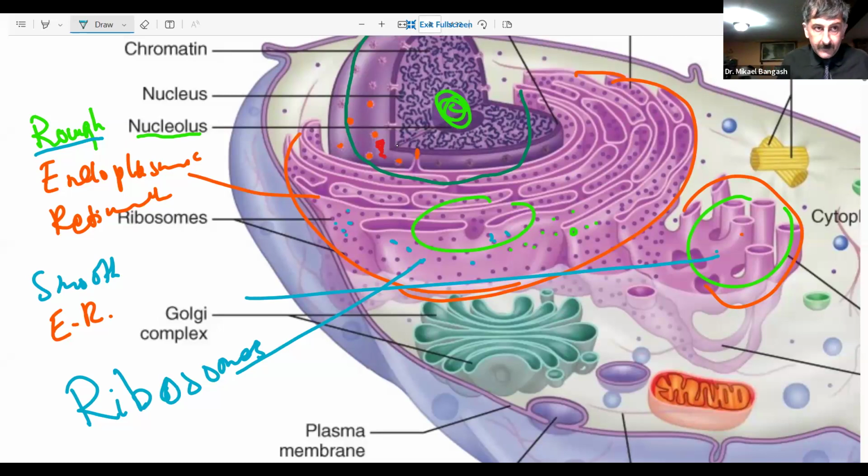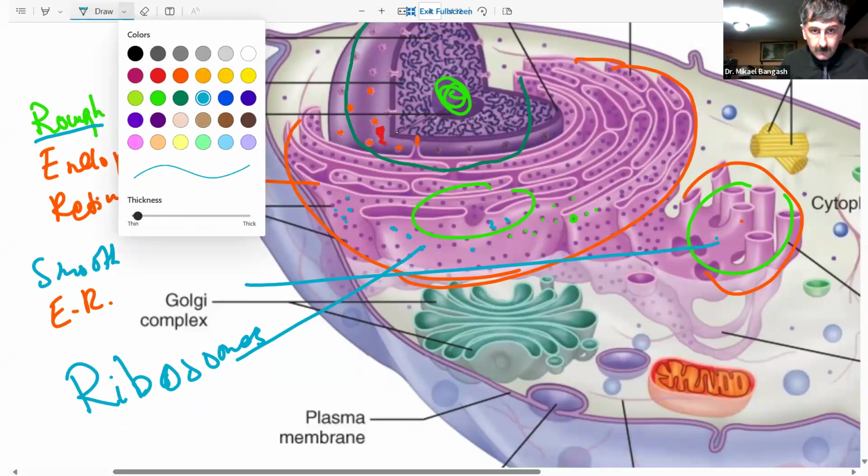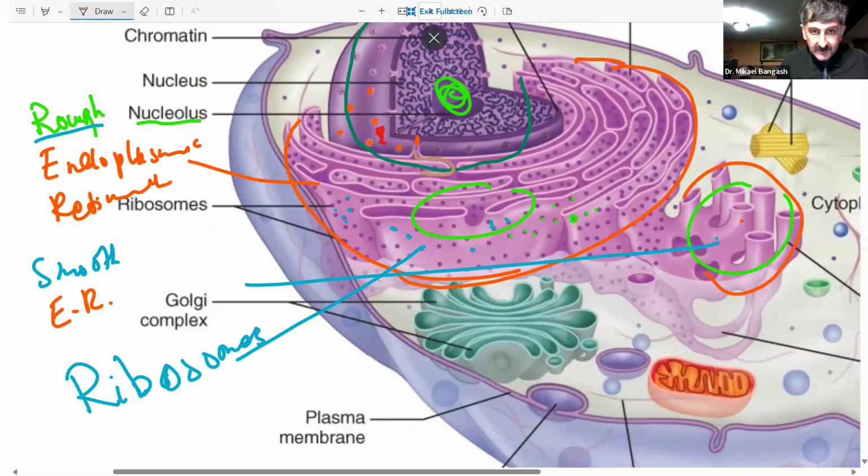If you follow this labyrinth here, or canal system, if that's what you want to call it, you may see that it runs through your endoplasmic reticulum, which on the surface is going to be rough due to the presence of ribosomes, which are these small packages that hold RNA.